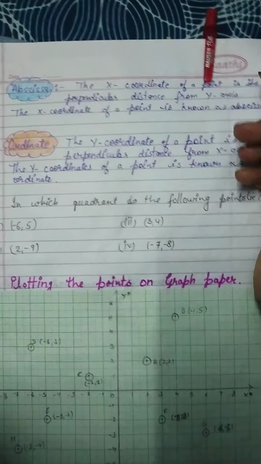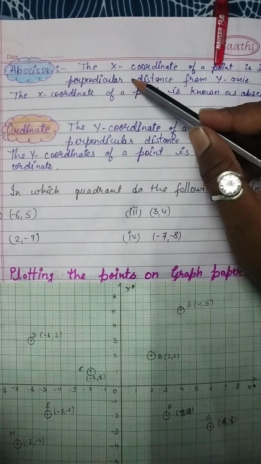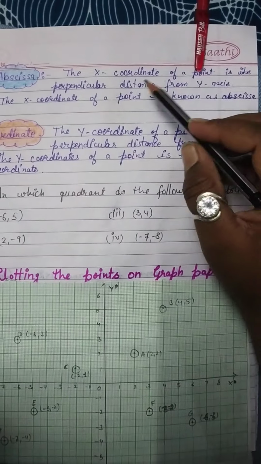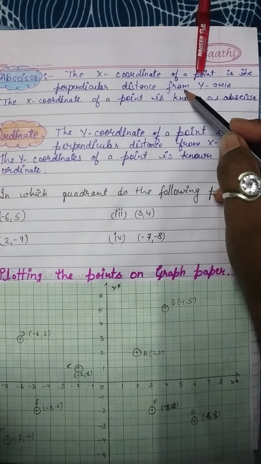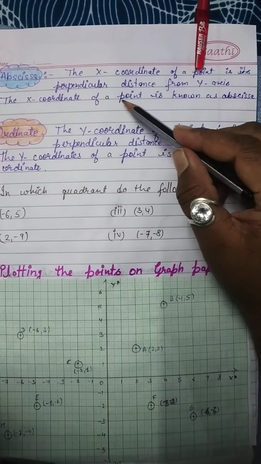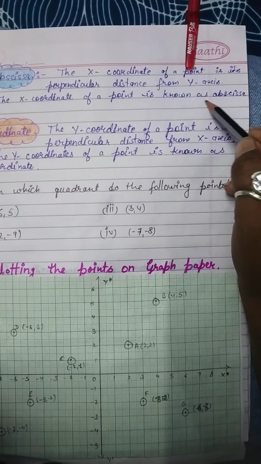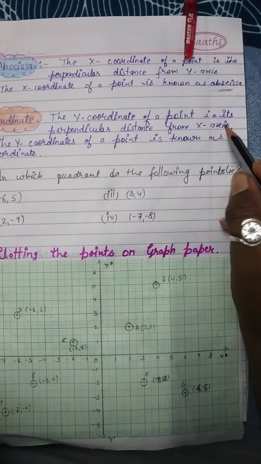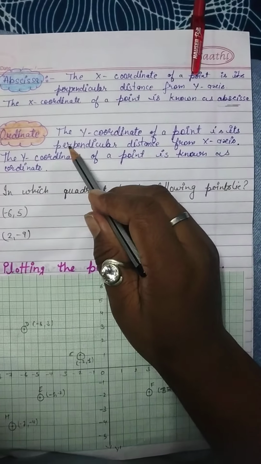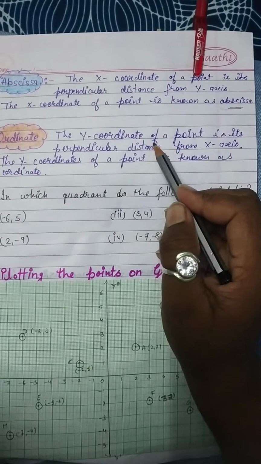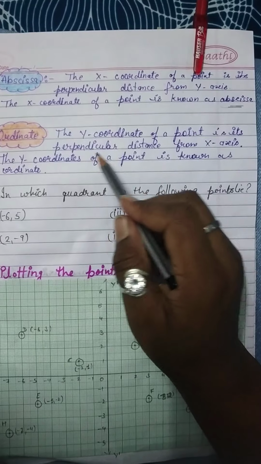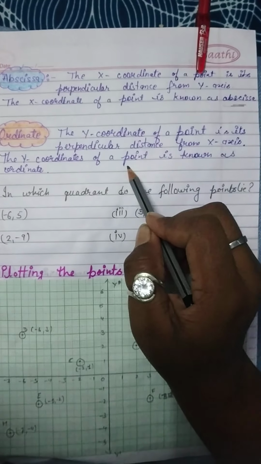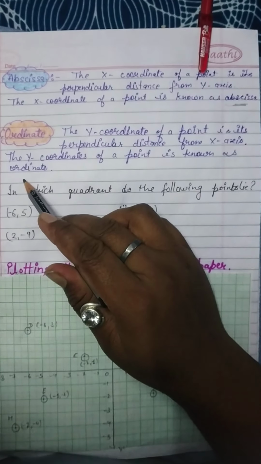Now the definition: the x coordinate of a point is its perpendicular distance from the y-axis, and it is known as abscissa. Now ordinate: the y coordinate of a point is its perpendicular distance from the x-axis, and it is known as ordinate.